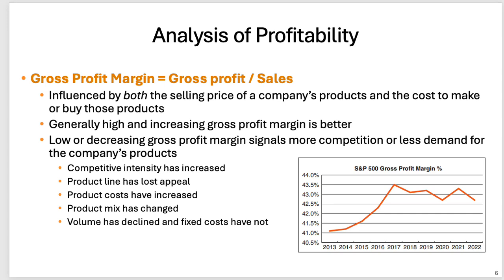Or perhaps is volume declining while our underlying fixed costs have remained static? All of those are potential avenues to explore, and of course each of those, if you are able to manage, control, and improve them, may provide a shot in the arm towards your actual gross profit.